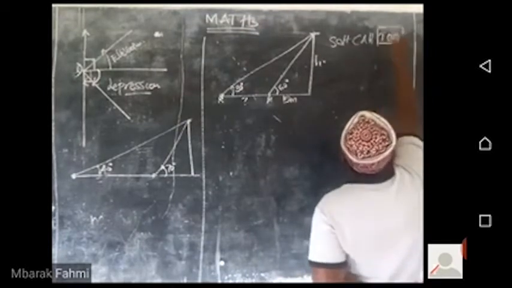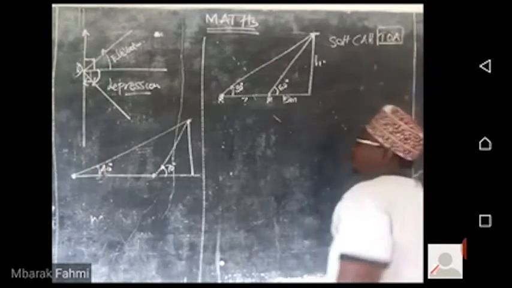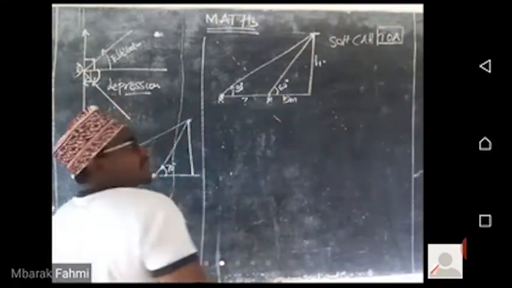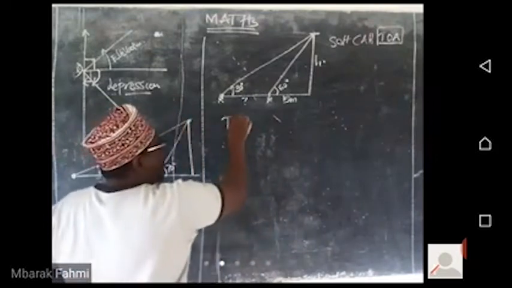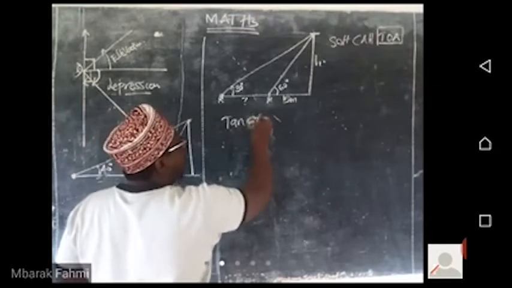Opposite and adjacent. It involves opposite and adjacent, therefore it's supposed to be tan theta. So we'll say tan theta, and that theta now is 62.